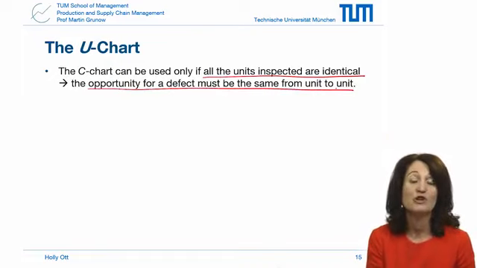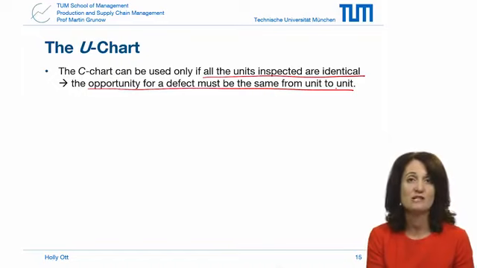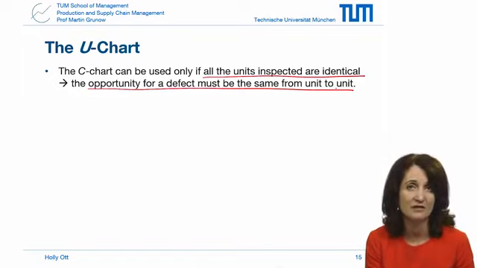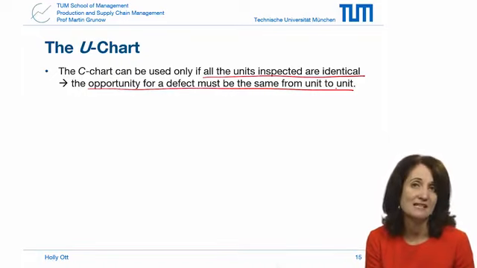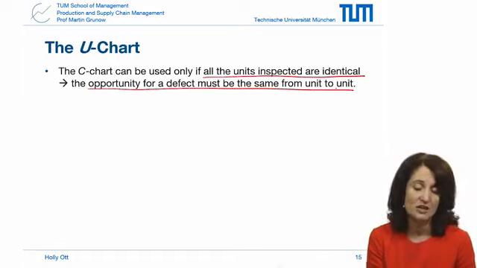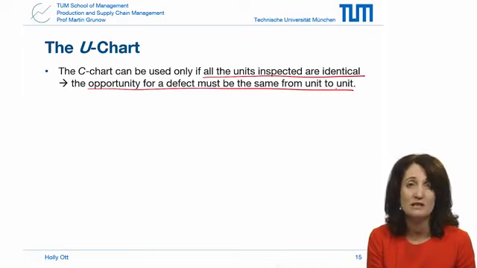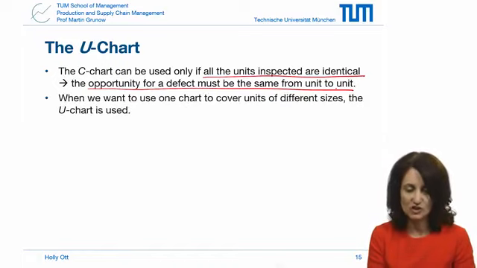But there could be situations when, for example, an inspection station is receiving units that are similar but not identical. This could be items of different sizes, like television screens of different sizes. You could have cars of different models, or printed circuit boards that have different configurations. These units are coming in, but you want to use one single chart to control them.